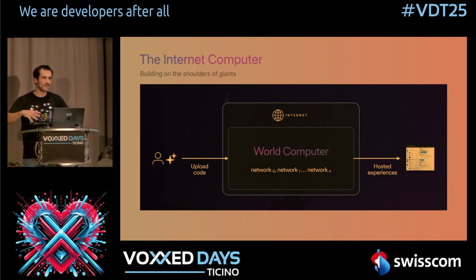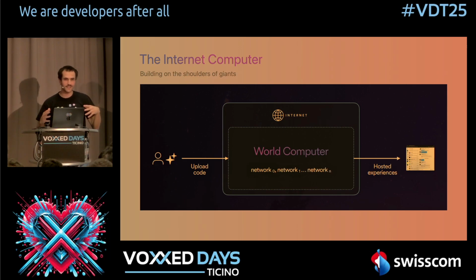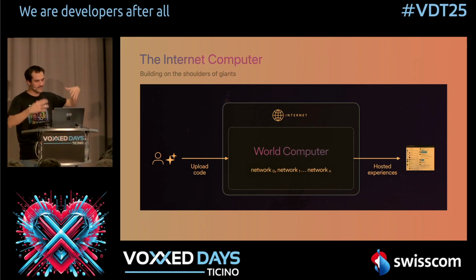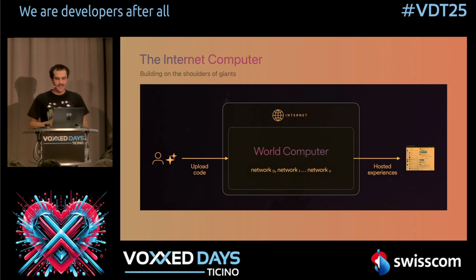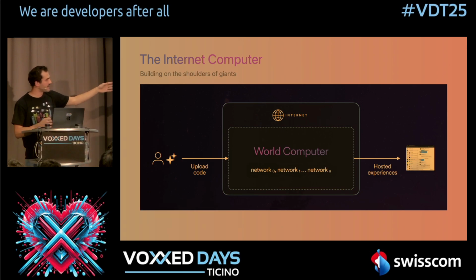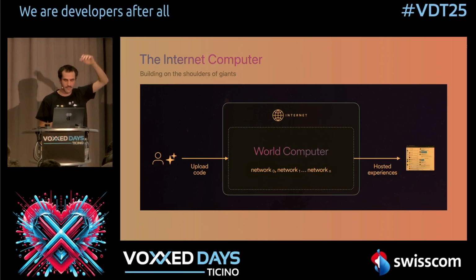The Internet Computer, now people are starting to call it the world computer because more and more people are building applications on top of it, but we can call it the Internet Computer. The Internet Computer is made of sub-networks that are called subnets, and you can see the representation there as network 0, 1, and so on.